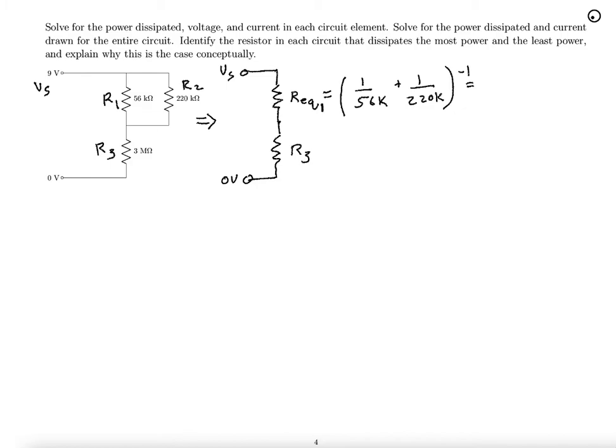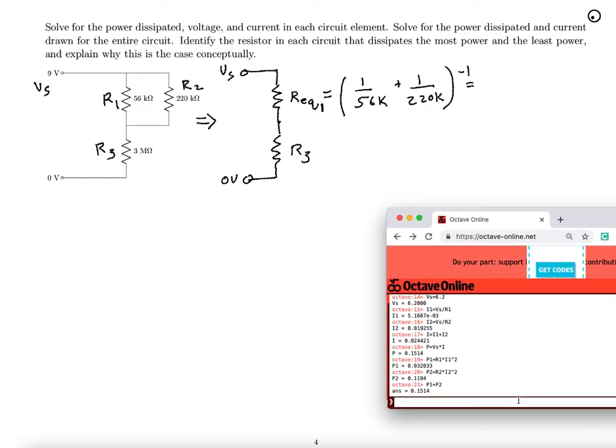So let's get out the calculator. I'm going to clear everything and get some definitions in here. Make my life easier. R1 equals 56E3 for 56K.